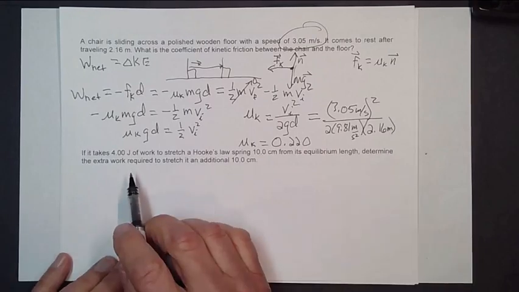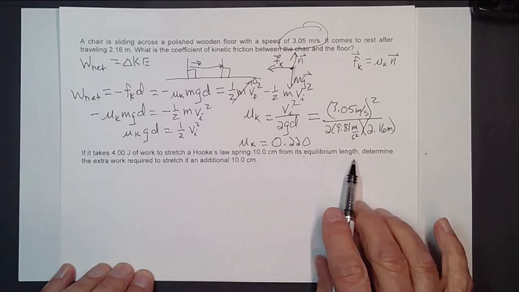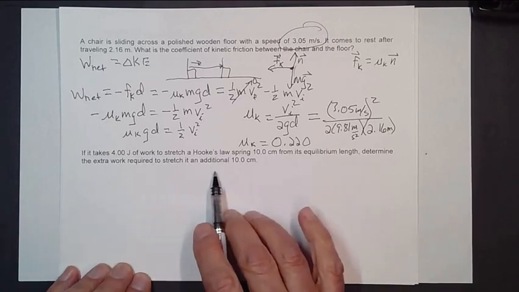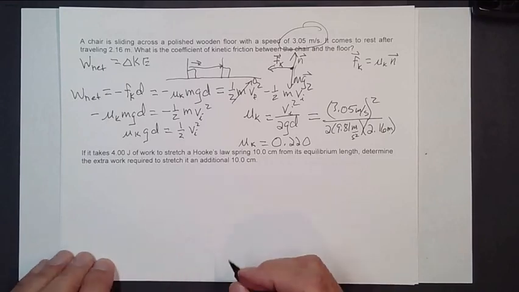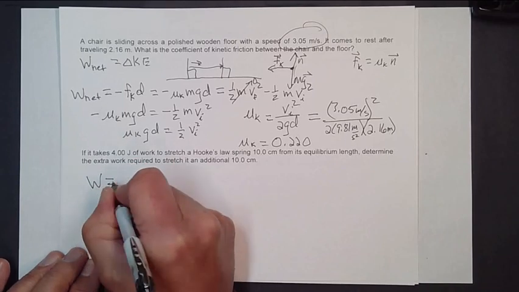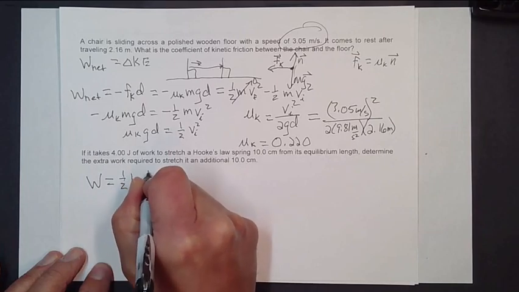Now, we're told it takes 4 joules of work to stretch it 10 centimeters from its equilibrium length, and we want the extra work to stretch it an additional 10 centimeters. Well, here's what we can say. In this case, the work that we have to do will be 1/2 kx squared.